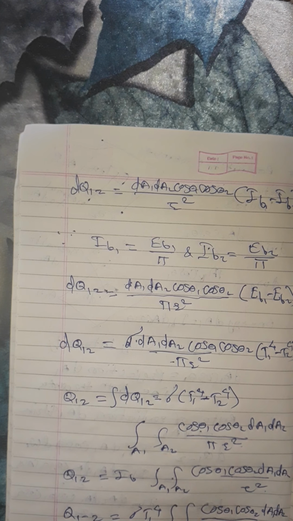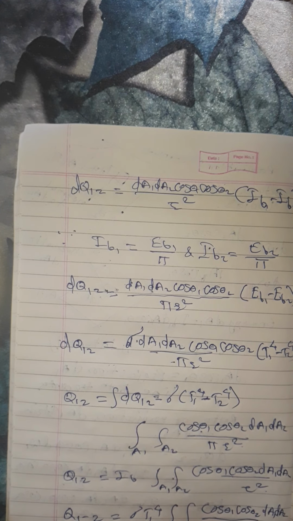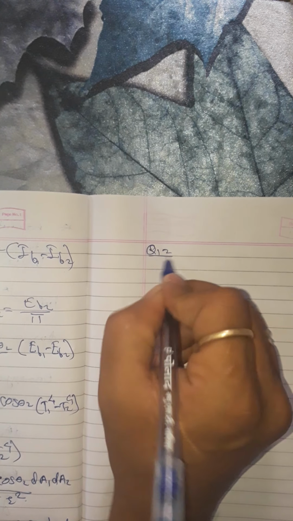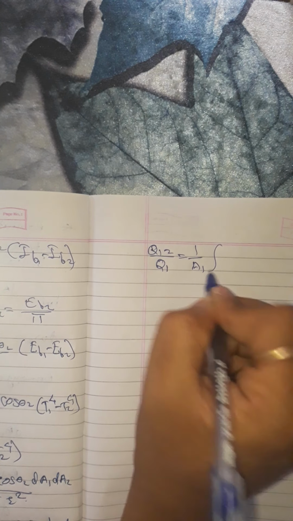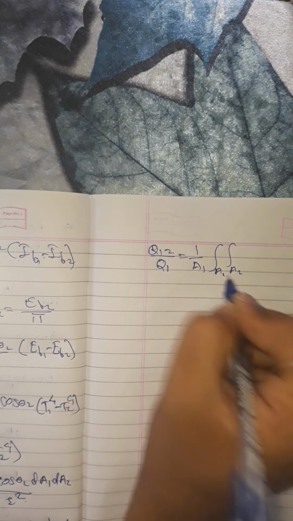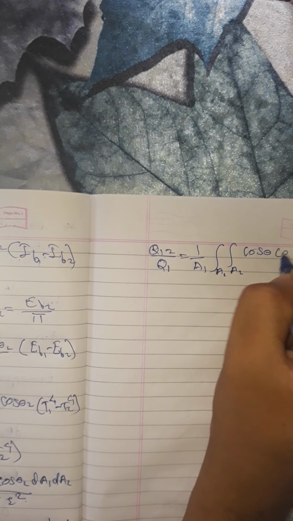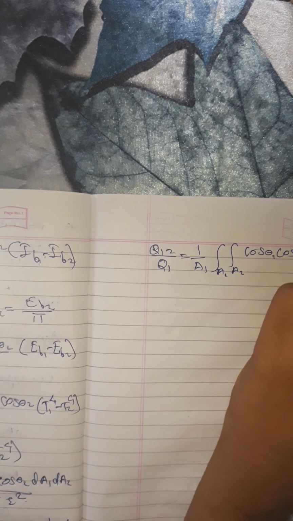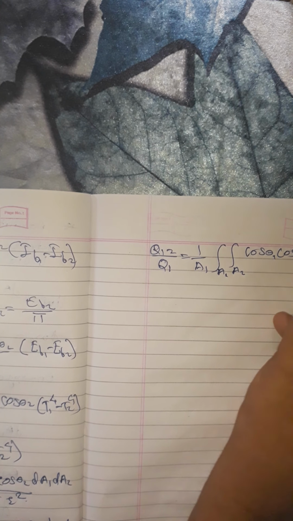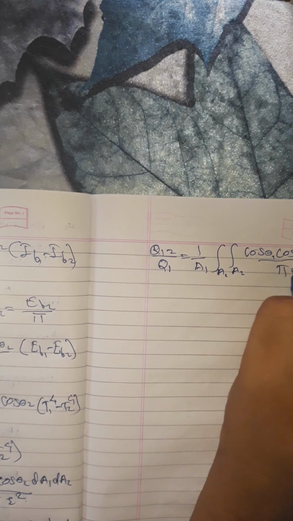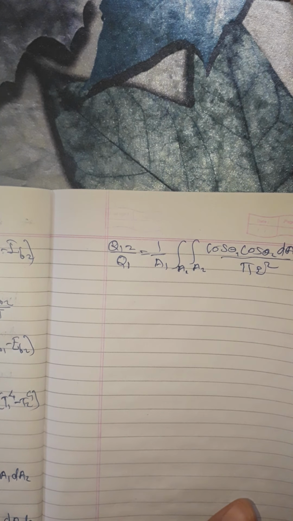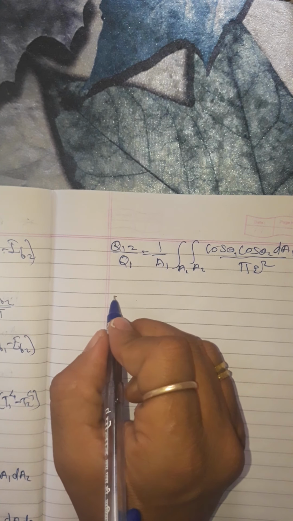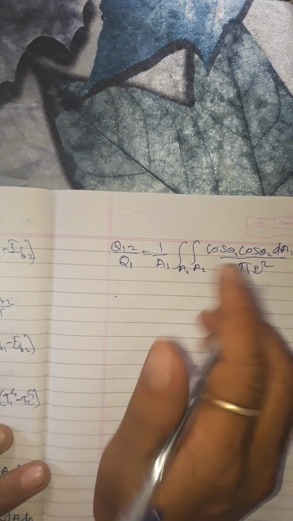Hence the fraction of the rate of energy leaving area A1 and striking A2 is Q1 to 2 divided by Q1, which is equal to 1 by A1 integration A1 integration A2 cos theta 1 cos theta 2 dA1 dA2 divided by pi r square, right? Got it? Okay. Then this is the fraction of energy.